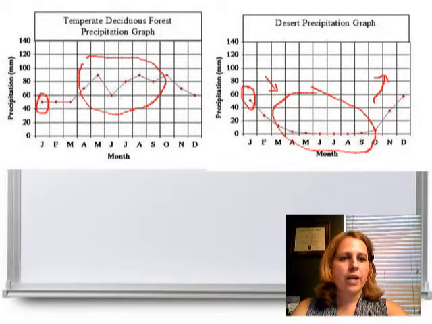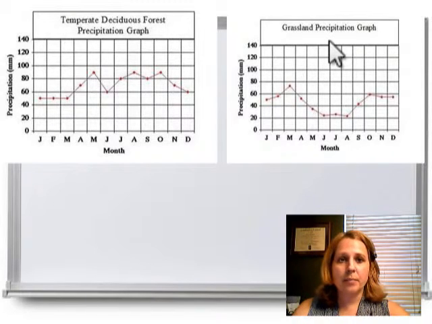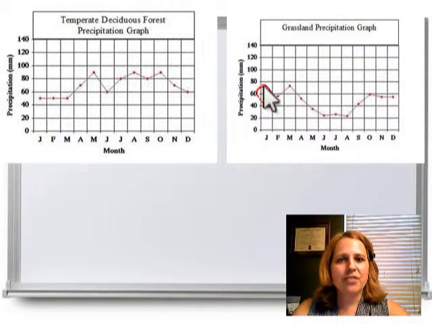Alright, let's try another one. So now we're going to compare the temperate deciduous forest to a grassland precipitation. Okay, so again we start out right here with 50 millimeters of rain in January. And there are some similarities here.